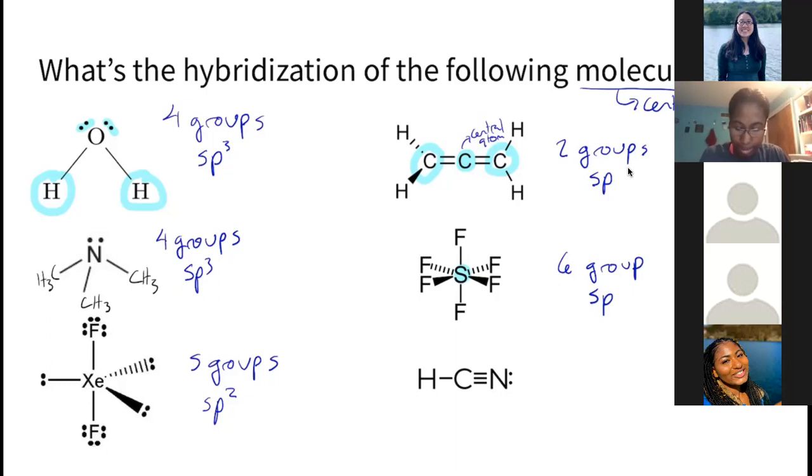Alrighty, last molecule. We have our HCN, and we are going to be considering this carbon as the central atom. So looking at that, what is the hybridization for the carbon? SP. Yep, very good, thank you. We have two groups around our carbon.